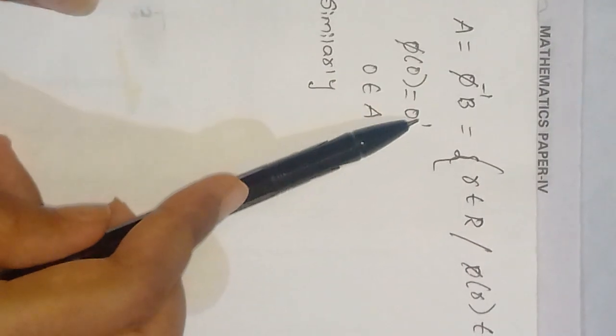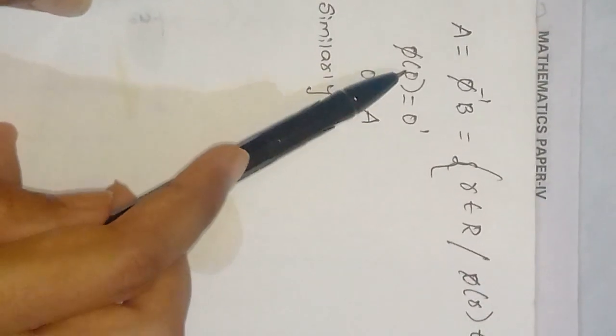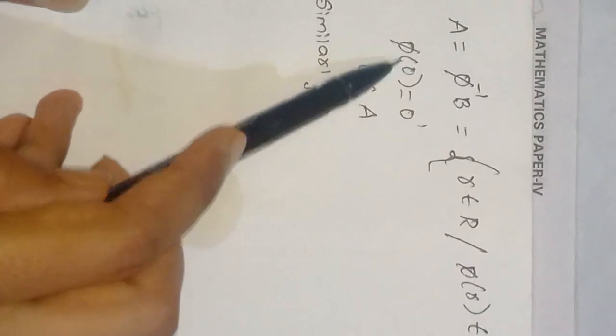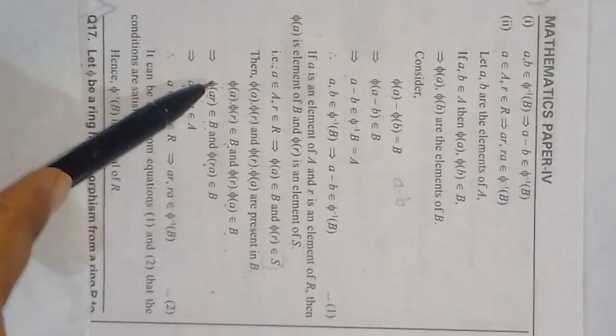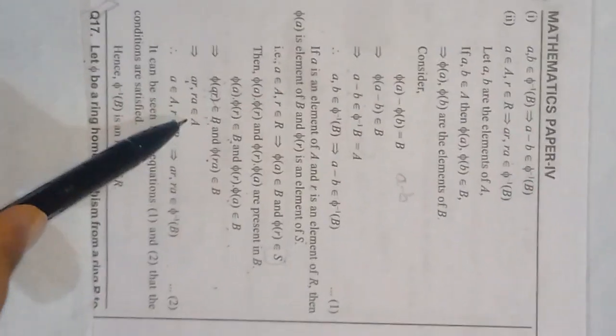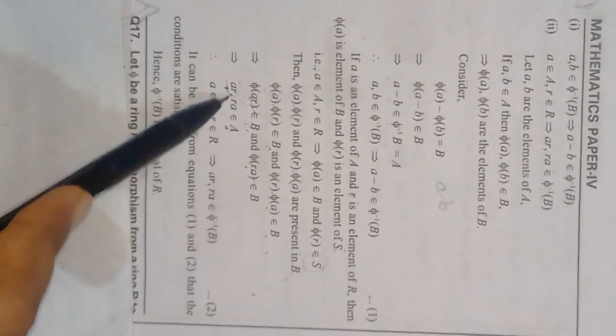You just see, at first, to prove it is a non-empty set, we have the property pi of 0 equals 0 dash. Now we are writing directly that 0 belongs to A. A means the element which is there in the bracket of pi of 0 belongs to A. In the same way, here pi of ar belongs to B means the element ar belongs to A. In the same way, this ra also belongs to A. This is a right ideal, this is a left ideal.